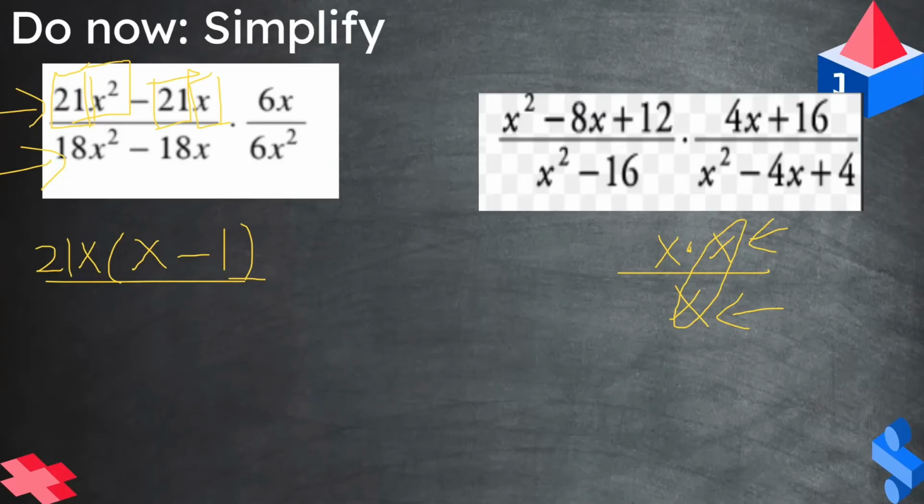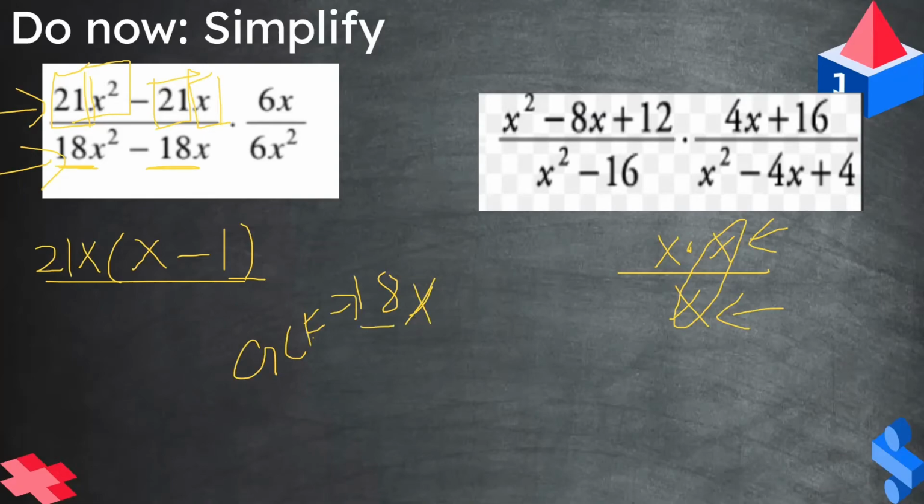What is my GCF already? 18x. 18x is my GCF. How did I get 18x? Well, you have 18 here, you have 18 here. If you have 18 in two places, 18 is your common factor. So put it in your GCF.